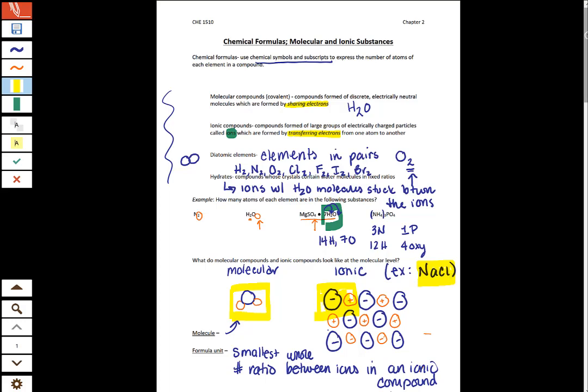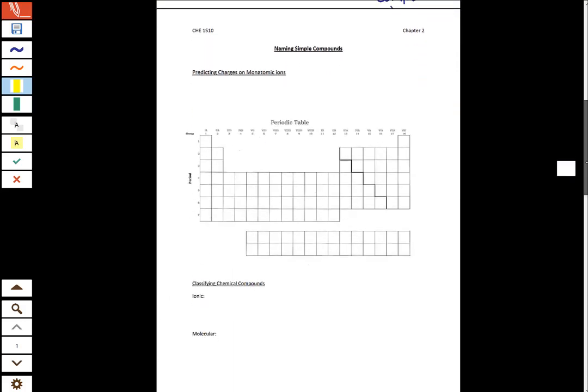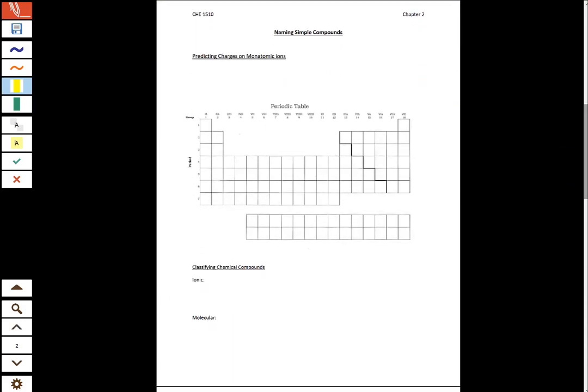Let's continue looking at the things that we need to learn how to name things. So when we come to class next, we are going to want to know on the periodic table which columns form particular ions. So part of this you might have seen in a previous chemistry class, and part of this you might have no idea where these numbers are coming from.